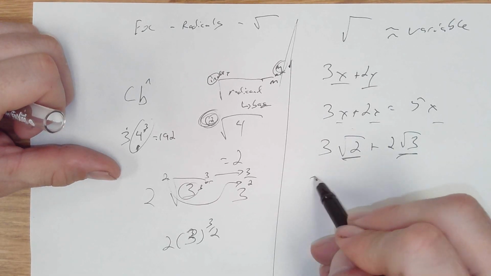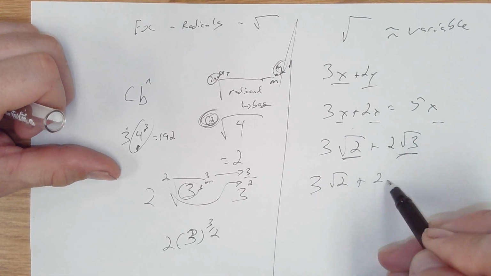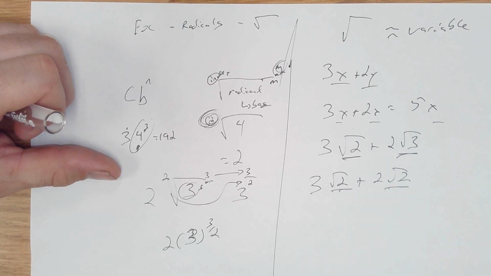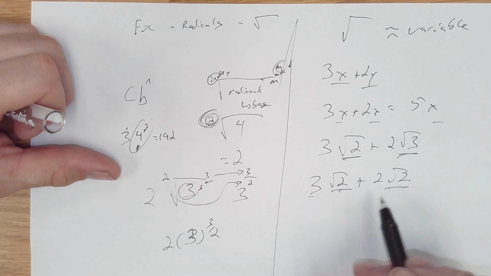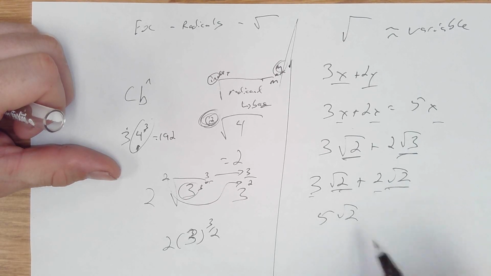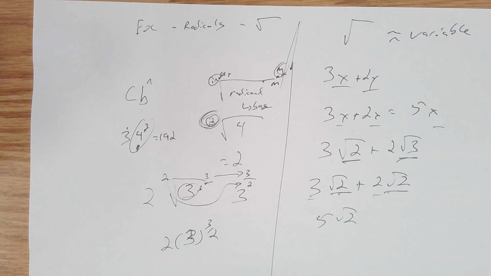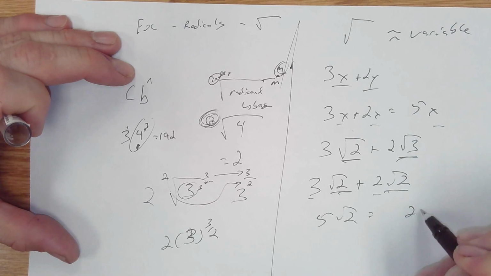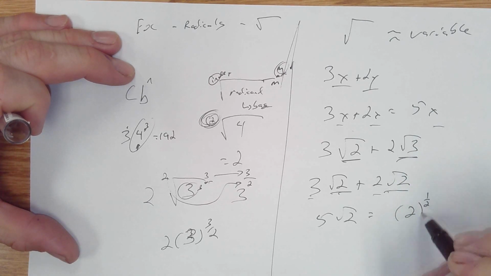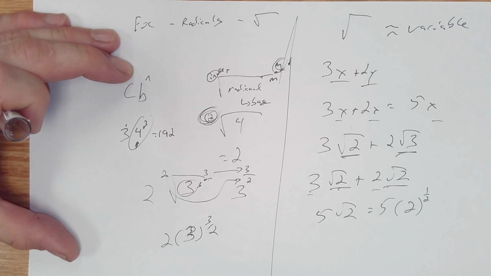But if I had 3 square root of 2 plus 2 square root of 2, these are the same. So I can add these together, so this would be 5 square root of 2. All right, so that's another way to look at it, which again is 2 to the 1/2 times 5, right? So that's the same thing.